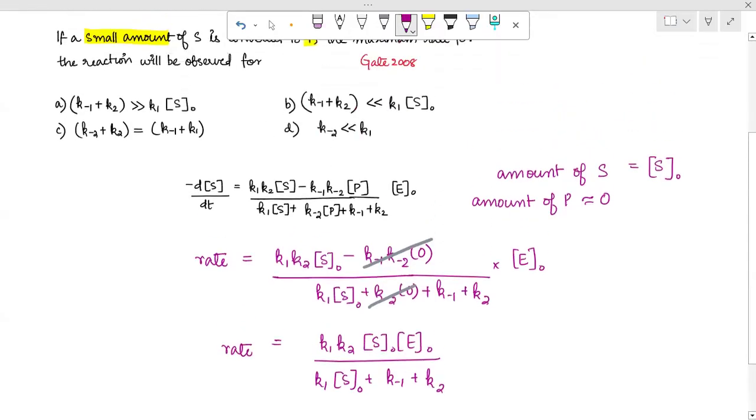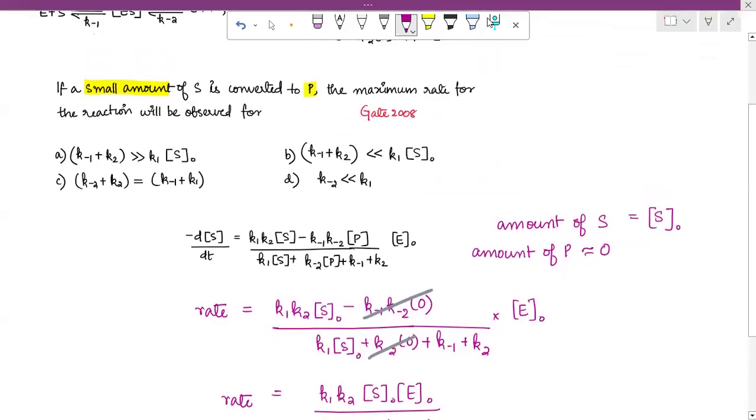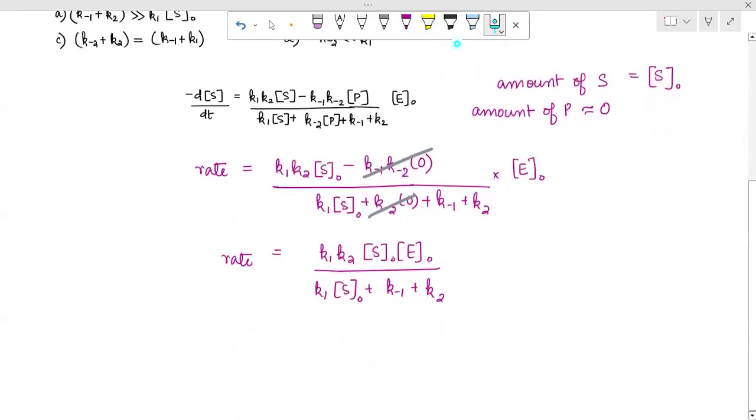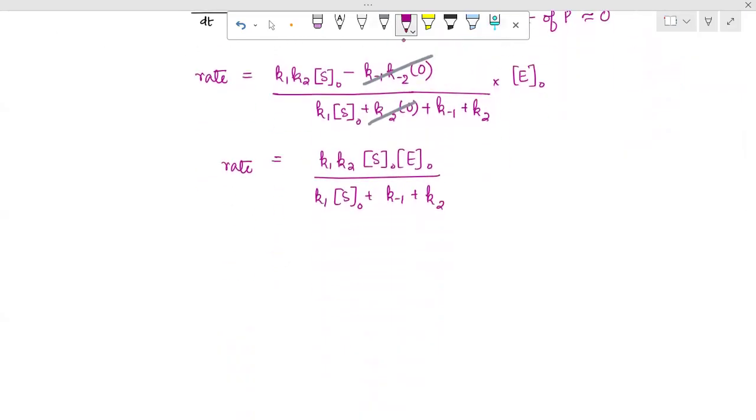Now come back to the question, what they have asked. They have asked for the point where maximum rate is observed. Now, you know what is the equation for R max? R max is simply K2 into the initial concentration of the enzyme. And this is the equation that we have, wherein K2 into initial concentration of the enzyme.